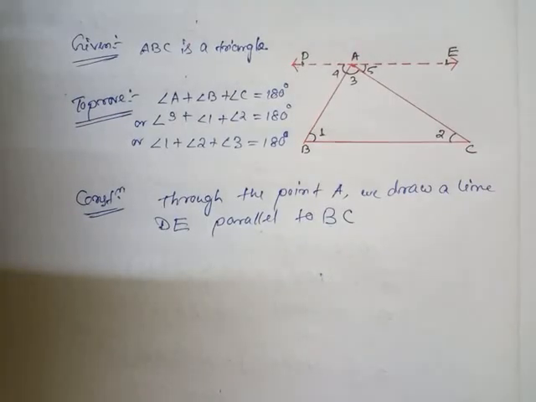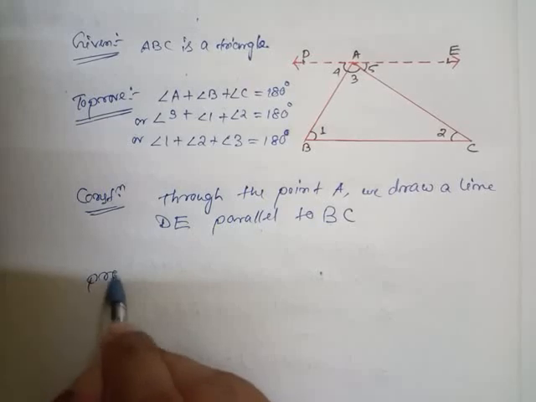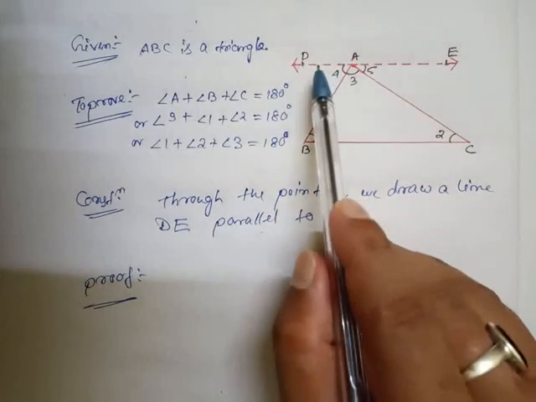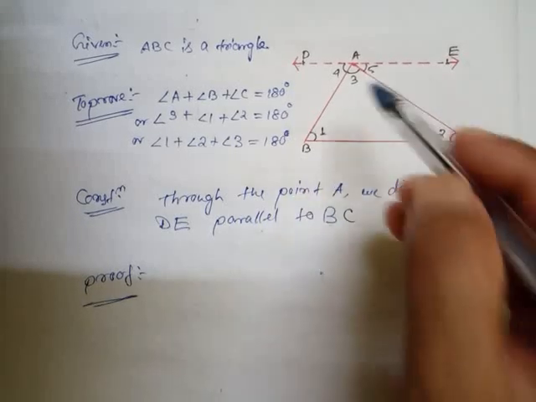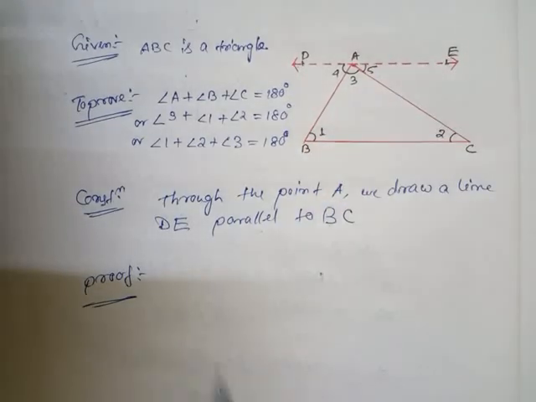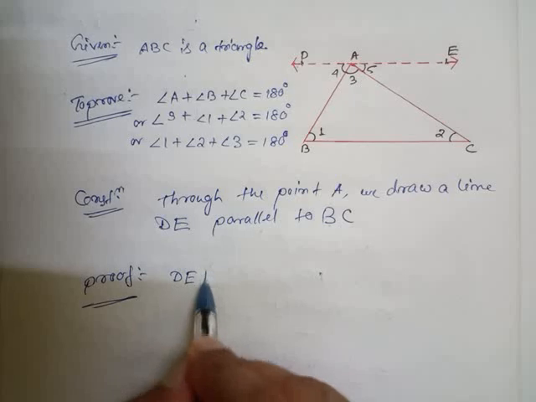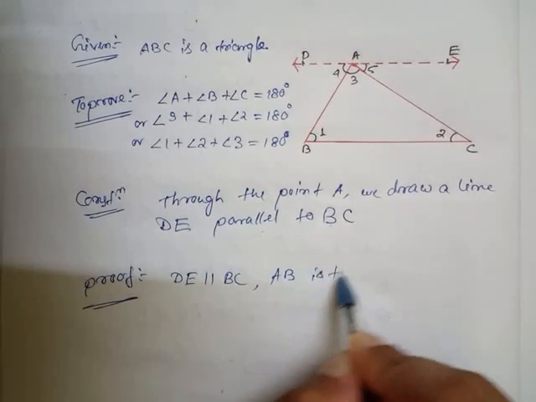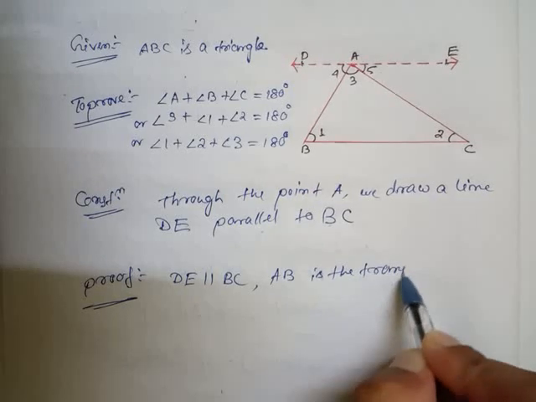Now students, proof portion. First of all I will write proof. Now look how to solve it. Students, DE parallel to BC and AB is the transversal. So we will write DE parallel to BC and AB is the transversal.